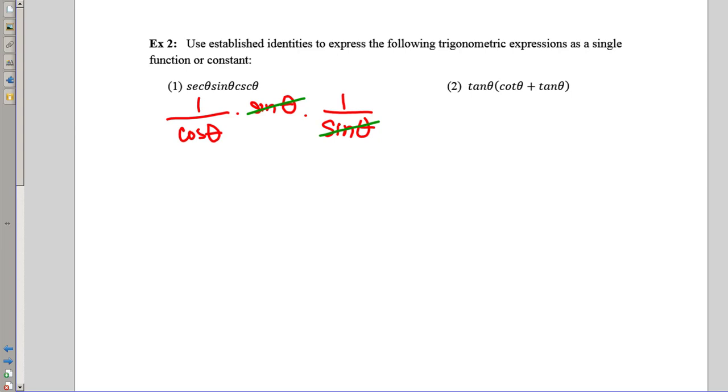So I'm really left with 1 over cosine, which is the same as secant theta. So I didn't really need to change the secant, but one of the tips we'll talk about in the next video for dealing with proofs is that you would change things to sine and cosine. In this case, it wasn't as helpful. Okay, I'd like you to try example 2.